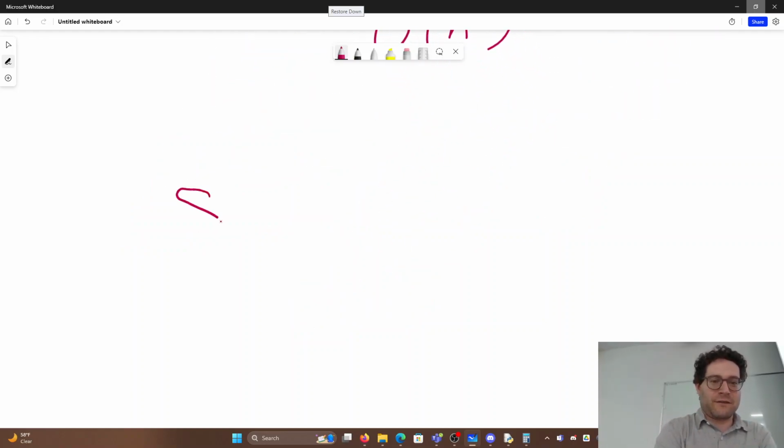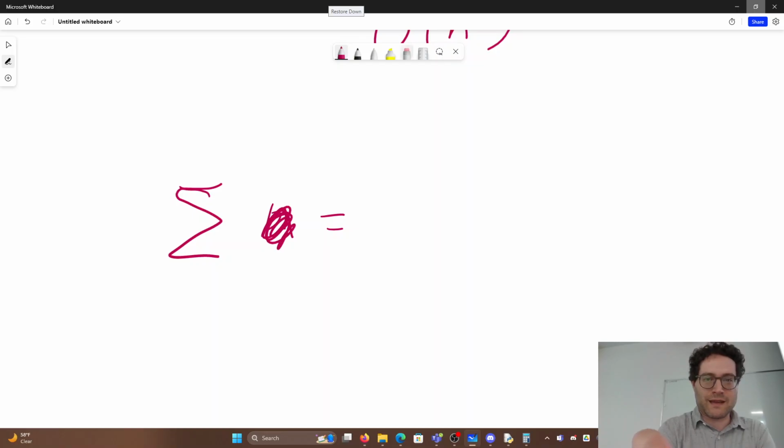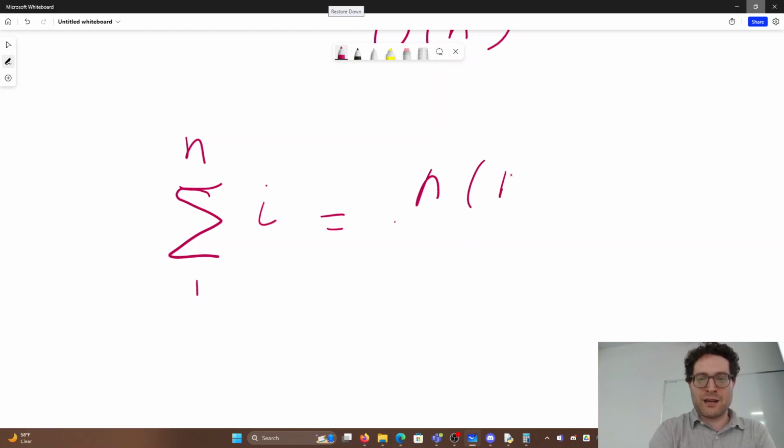So here is a formula that you may have learned in Calc 2. You remember it now? The sum of i from 1 to n is equal to n times n plus 1 over 2.